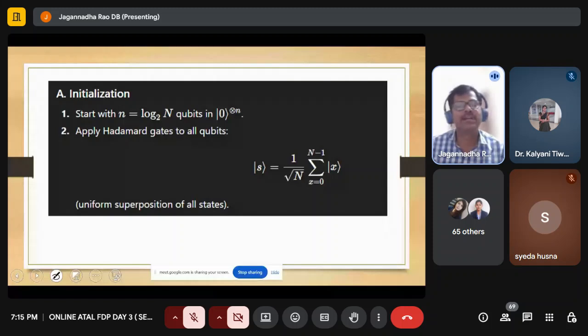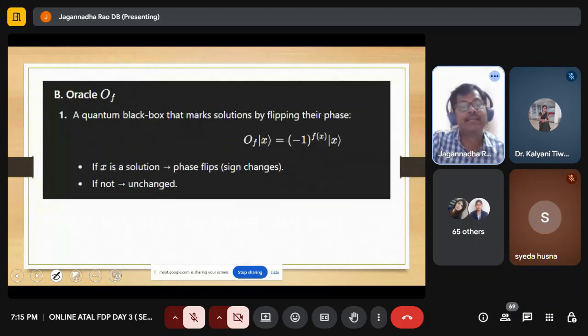When you go to the quantum Grover algorithm, first you need to go with a uniform superposition of all the states. For example, you have 1000 books. You need to search uniformly, at a time. If you simply go to one set of access, searching in that set alone is not possible.